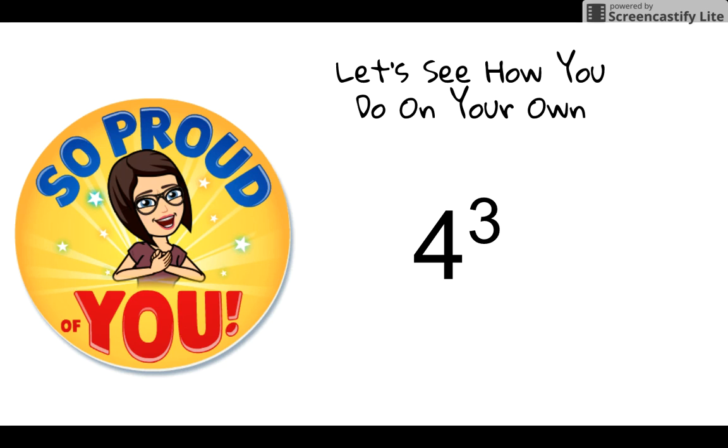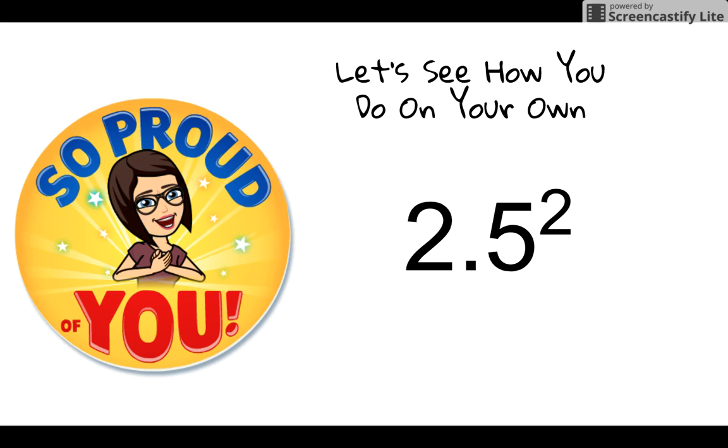Let's try another one. 2 and 5 tenths squared. 2 and 5 tenths to the second power. Go ahead and use your whiteboard to solve this. Hopefully you got the answer 6 and 25 hundredths because 2 and 5 tenths squared is equal to 6 and 25 hundredths, or 6.25. Let's try one more.